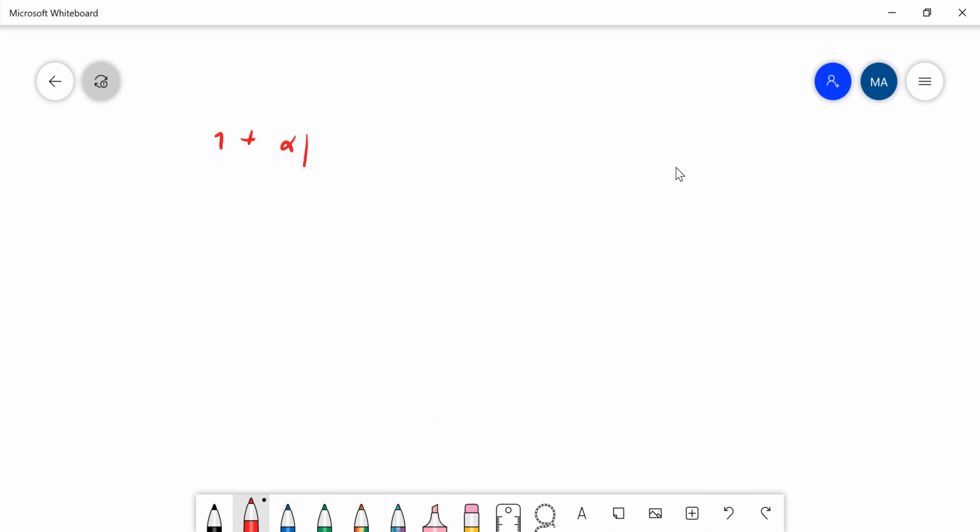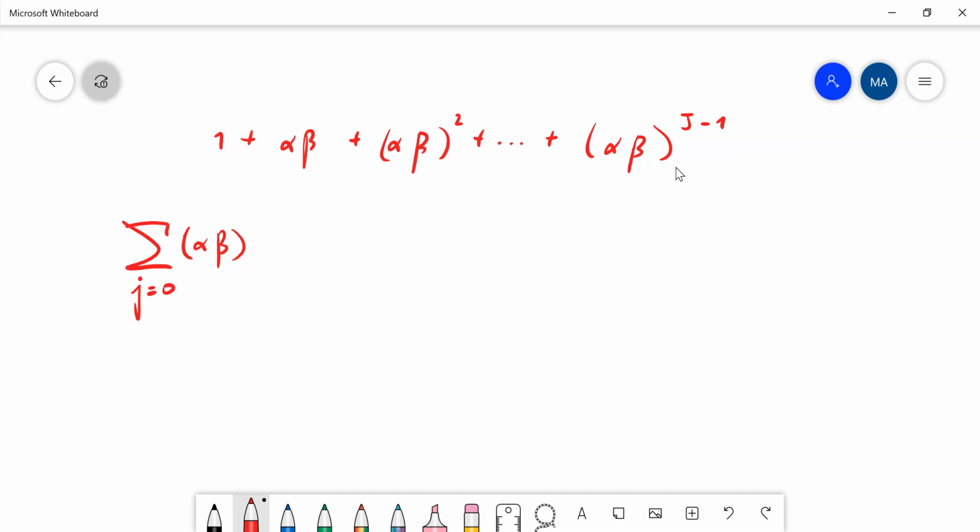So you write it in this way. 1, alpha beta, square, dot dot dot, alpha beta j minus 1 is written in this way, obviously, right? So you have j from 0 to j minus 1.